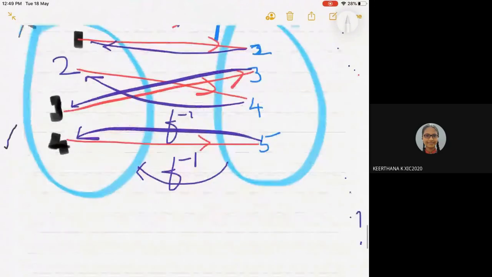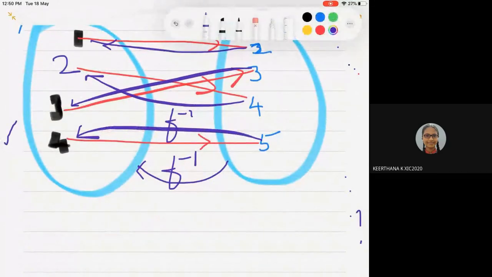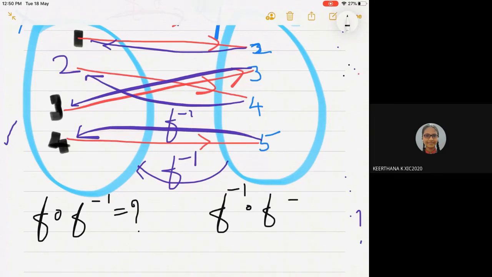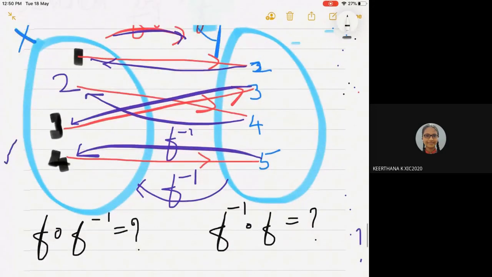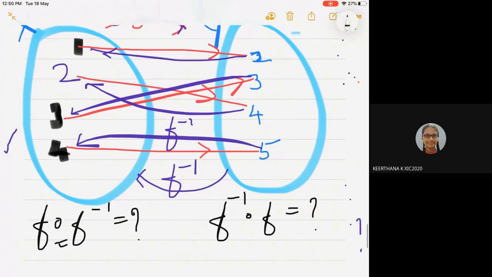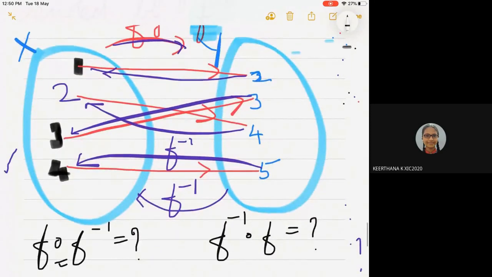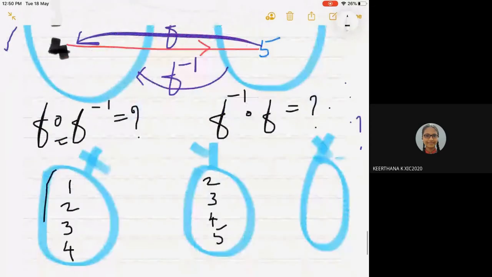Because I'm going to see what is f composition f inverse, and similarly f inverse composition f. So, for bringing out this composition, as per the arrow diagram, I am just taking the 3 sets x, y, x. Okay. So here 2, 3, 4.